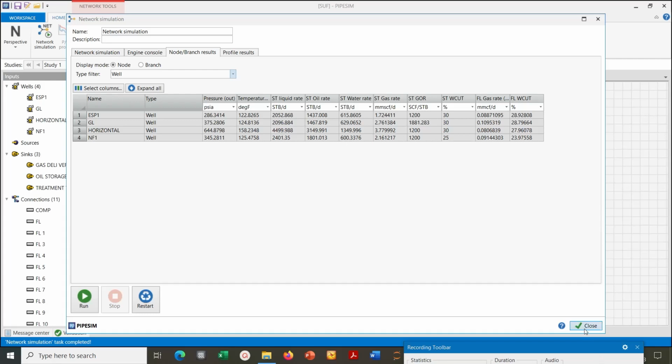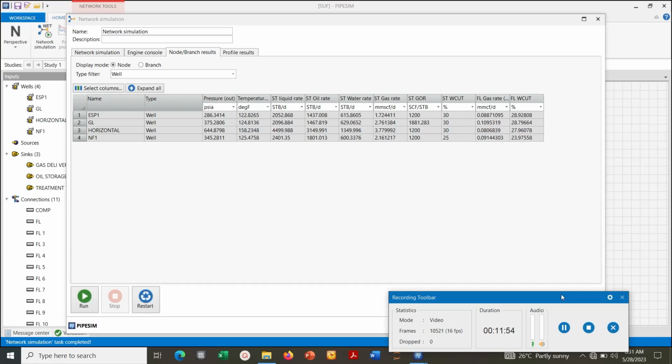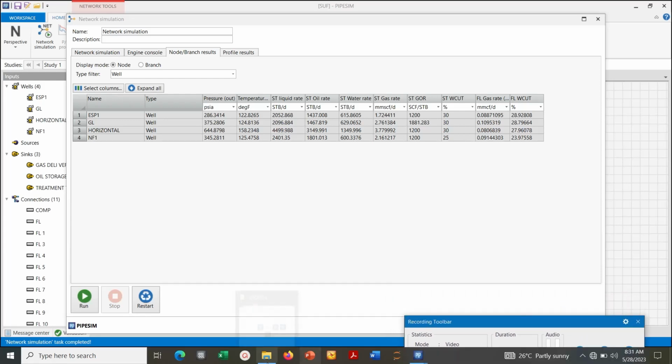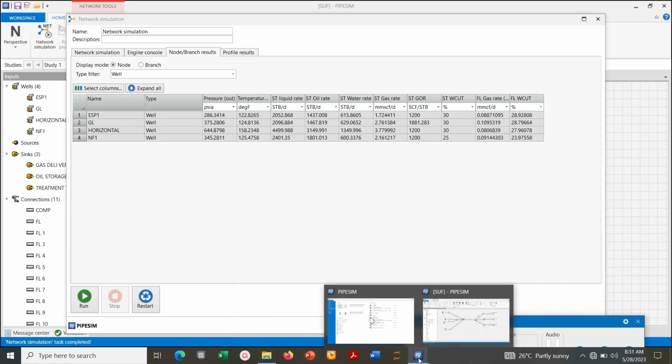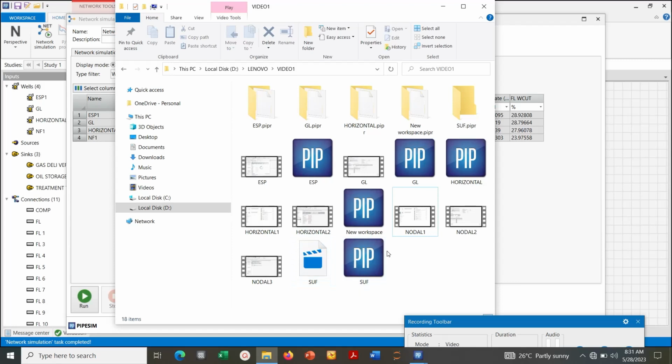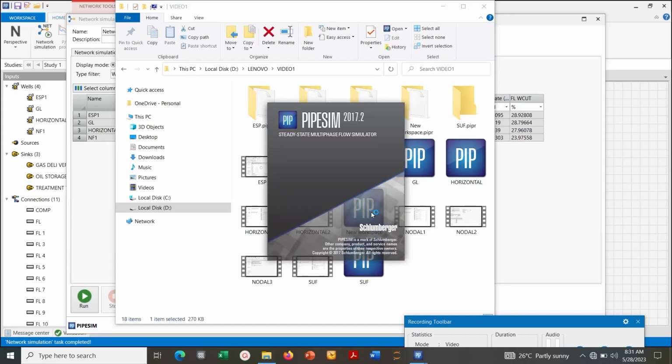So let's quickly look at the natural flowing well we used. The flow rate is supposed not to be higher than the artificial lifted wells.